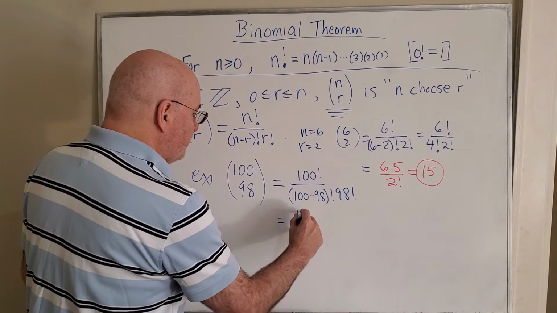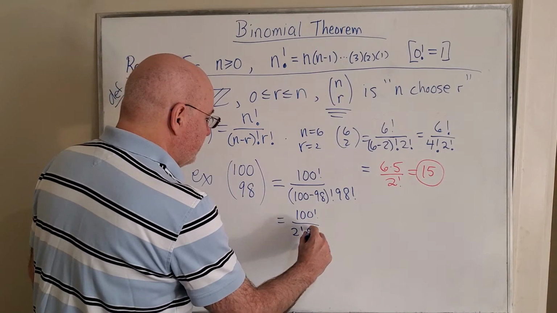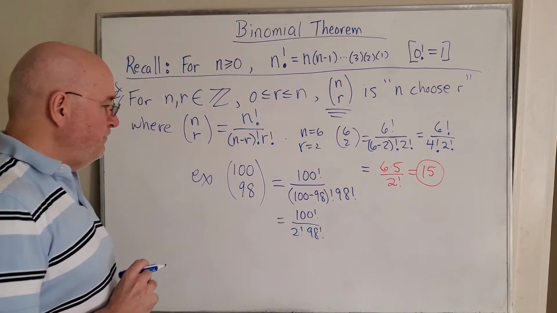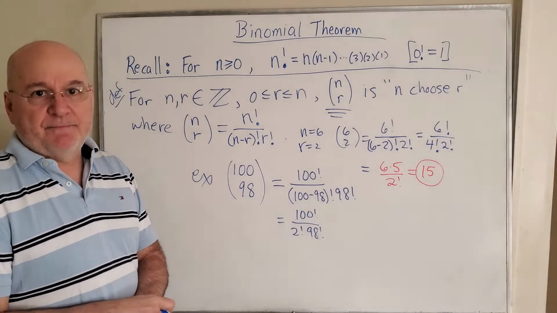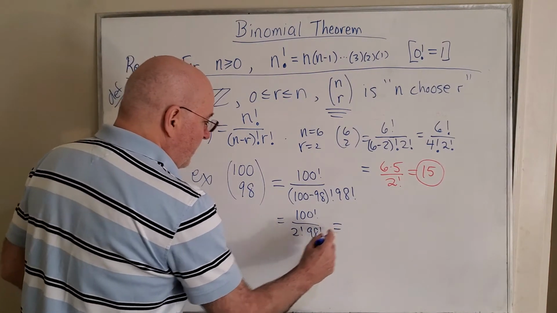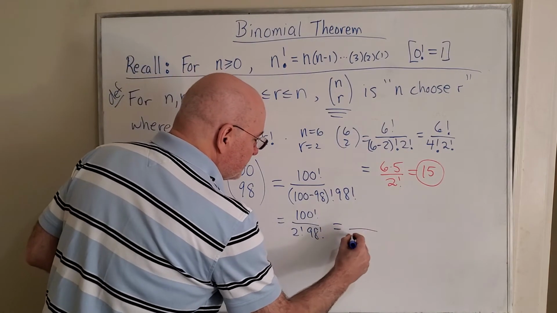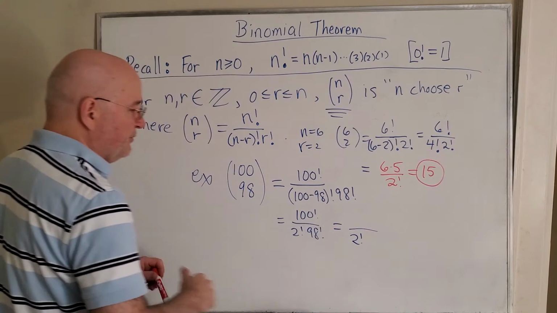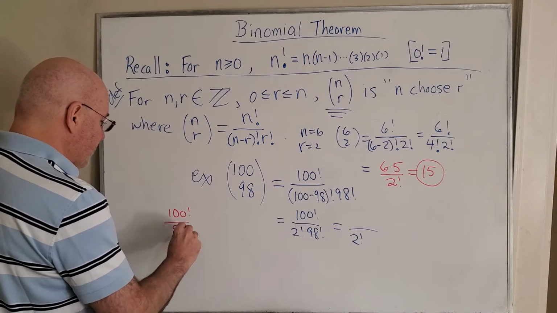So we get 100 factorial over 2 factorial, 98 factorial. Well, let's cancel the biggest one on the bottom with the numerator, 100 factorial. Let me put the 2 factorial there, which I know is just the number 2. What is 100 factorial over 98 factorial?